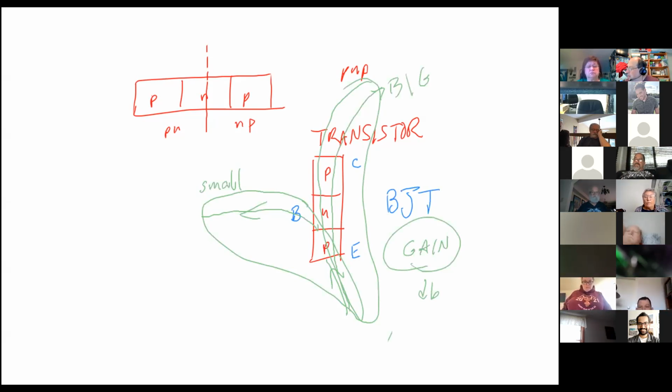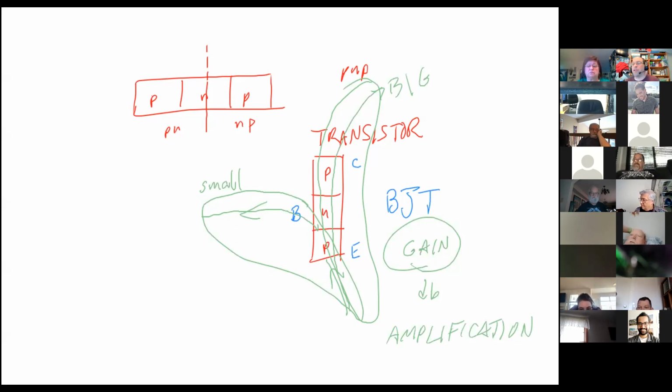This is known as amplification. So we can use our transistor as the central device in something called an amplifier.